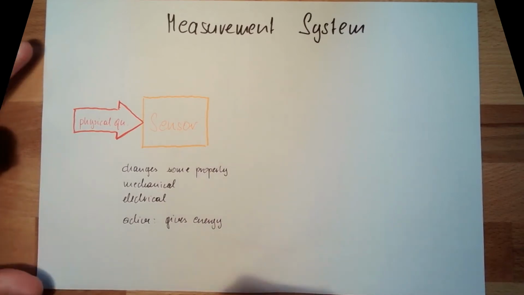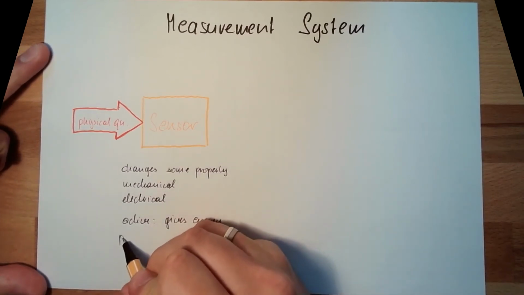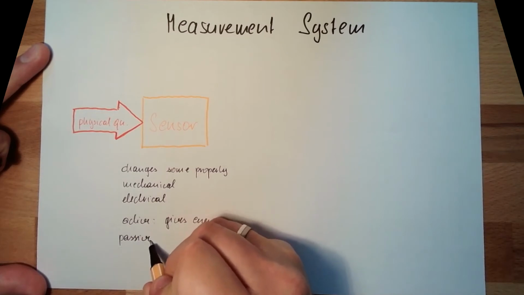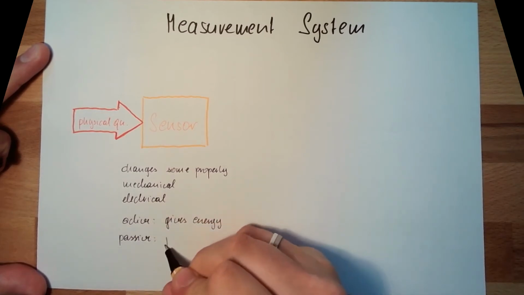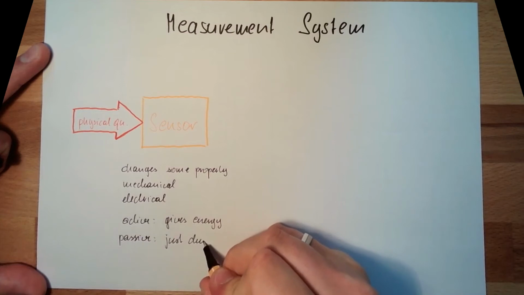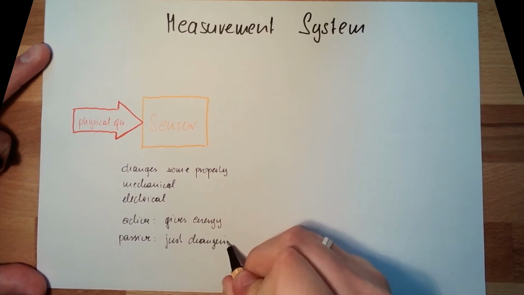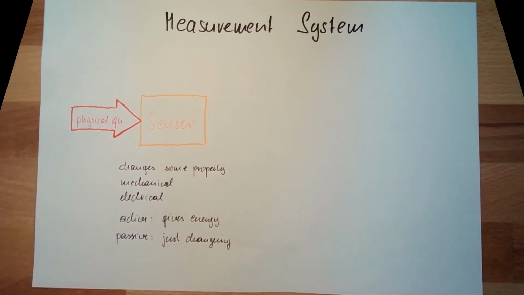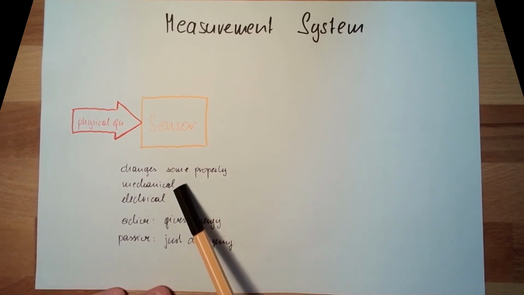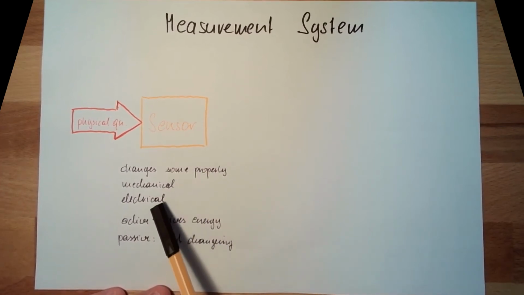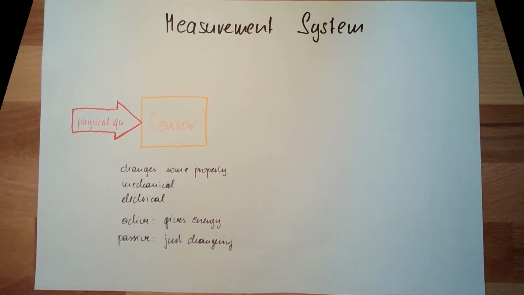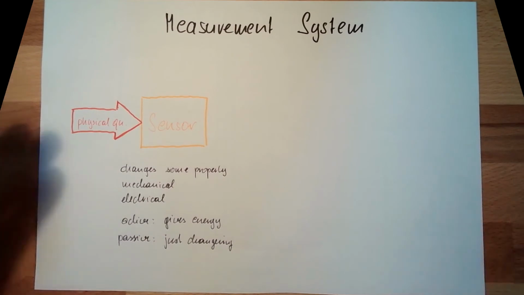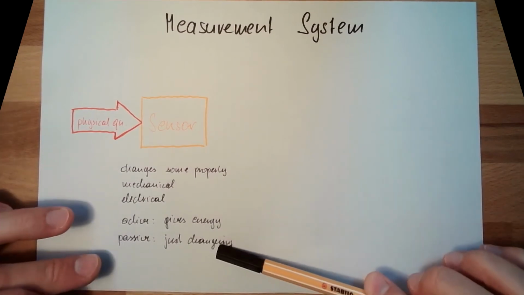And there is also a passive sensor, which is just changing, but without giving energy away. Maybe it's changing the shape if it's a mechanical thing, or the resistance if it's an electrical property. So there are active sensors and passive sensors.